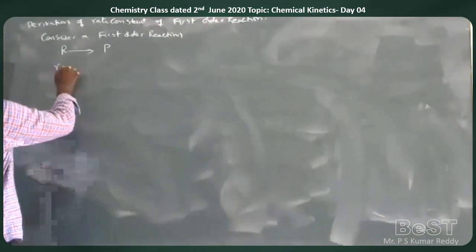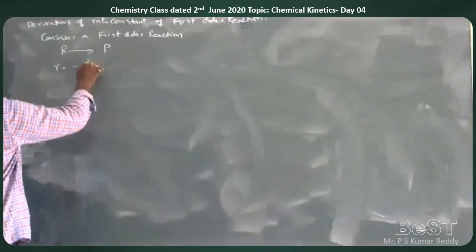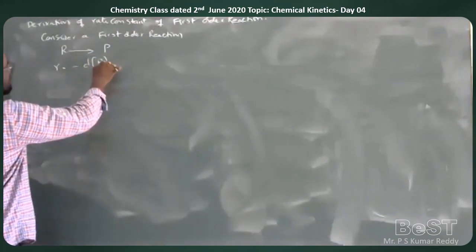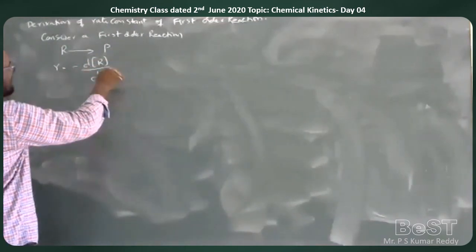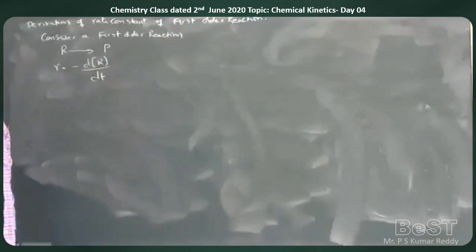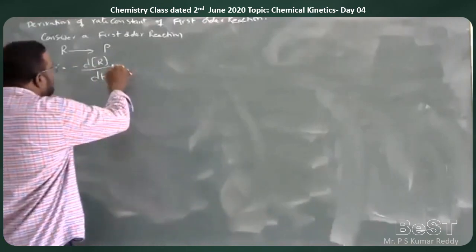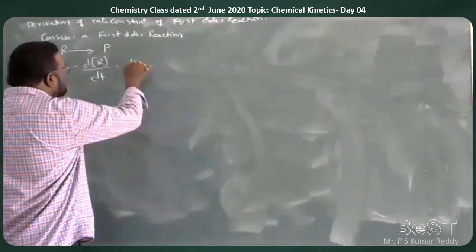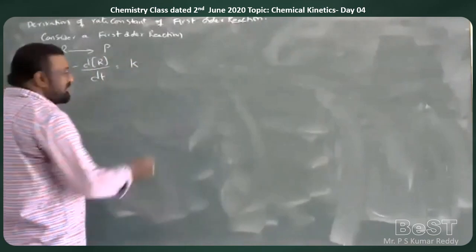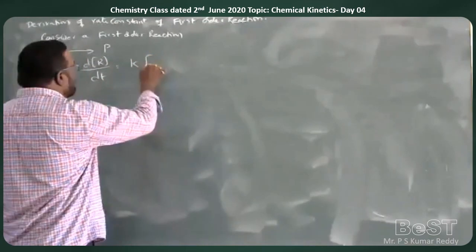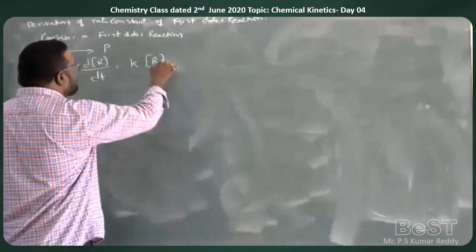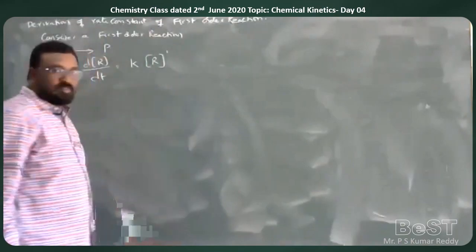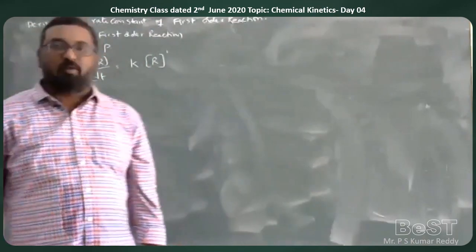Here, rate is equal to minus dr by dt, a small decrease in concentration of reactants by time taken, which is equal to, rate can also be calculated by the equation rate equal to K into concentration of R to the power of 1.